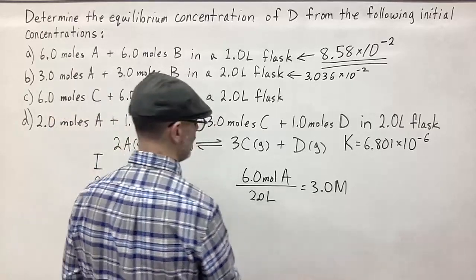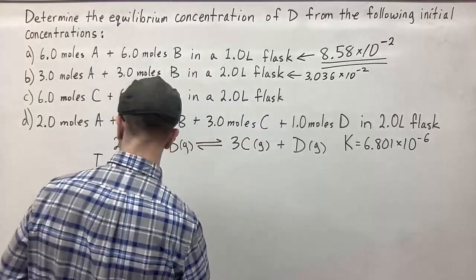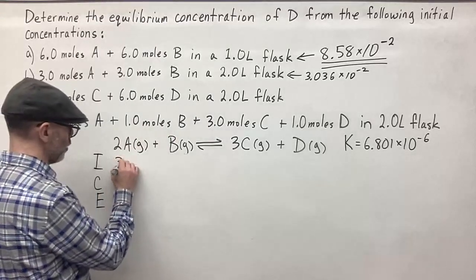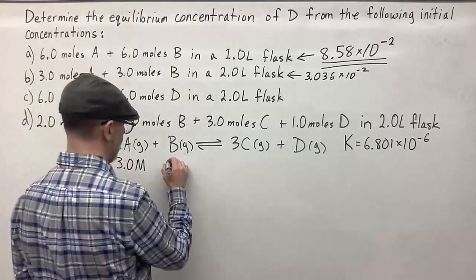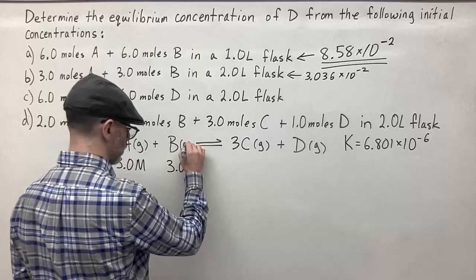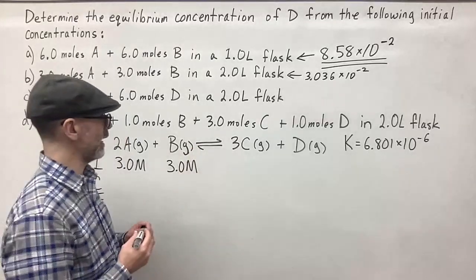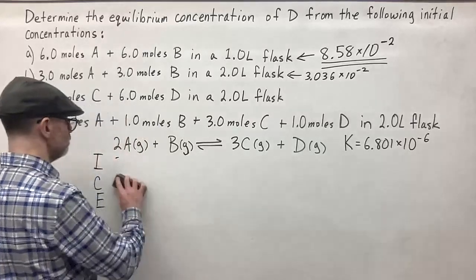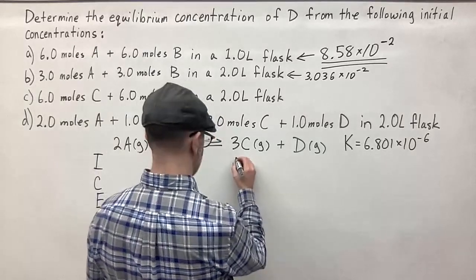Okay, let's put that into our table and see what we need to do. So here, our initial concentration, as we just calculated, is 3.0 molar and 3.0 molar. Oops, that was C and D. My bad. So it should be over here.